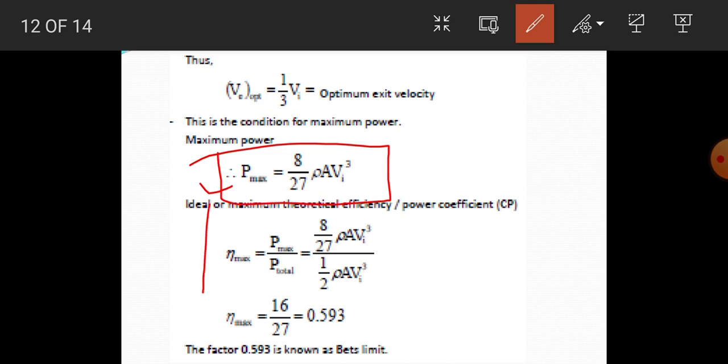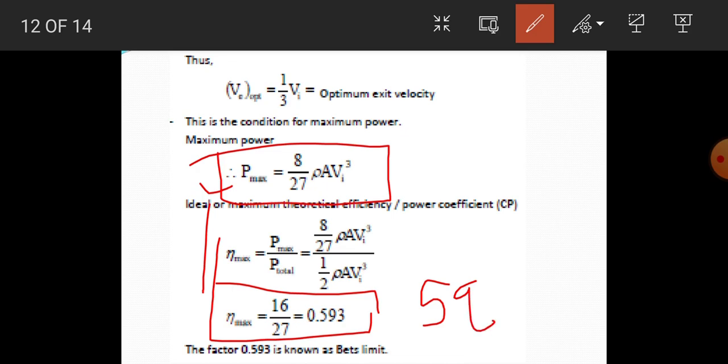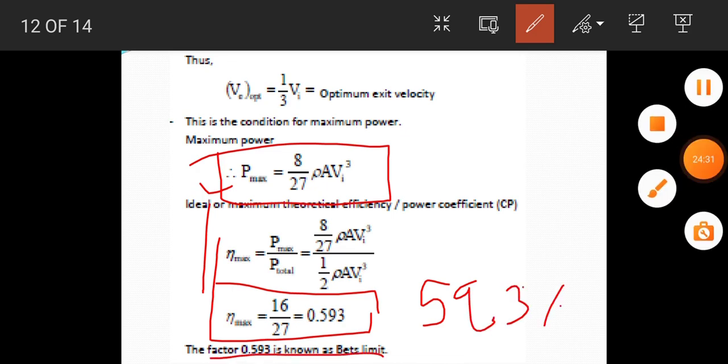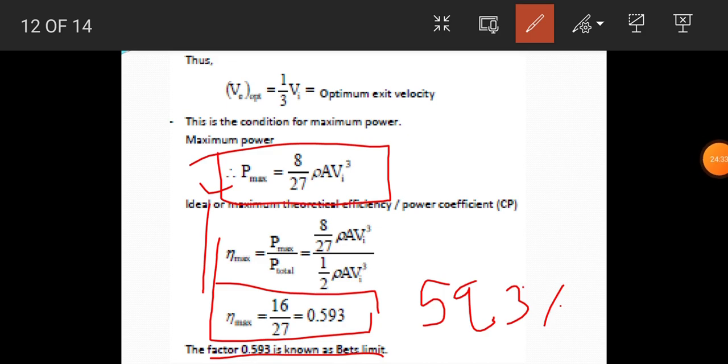The maximum efficiency which we can get from the wind turbine is 59.3%, and this is known as Betz limit. So it is clear that the maximum efficiency of a propeller type wind turbine is 59.3%, and we cannot go beyond this limit. Therefore it is known as Betz limit.